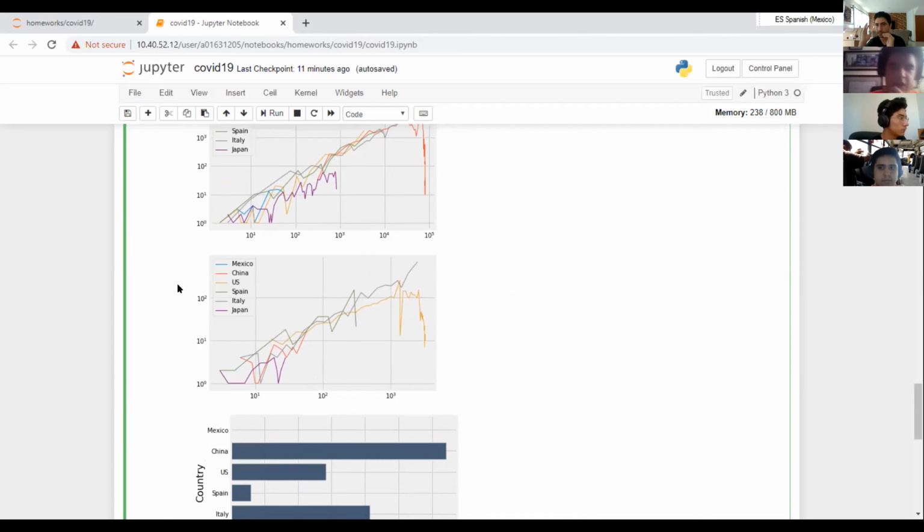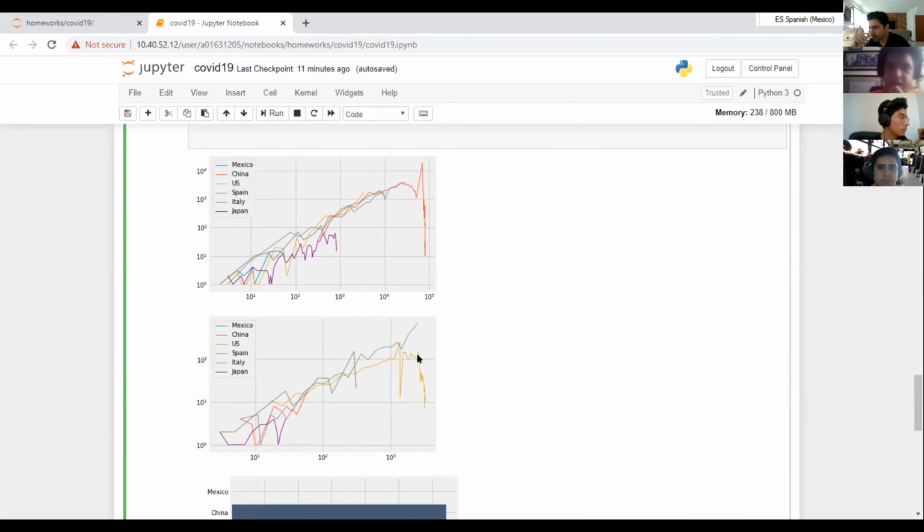This one below is a similar thing, but for deaths: the newly registered deaths in the y-axis against the total deaths in the x-axis, to see a similar kind of progress. In both graphs, we can see China has already stopped the growth.